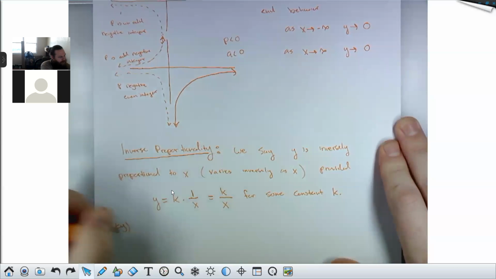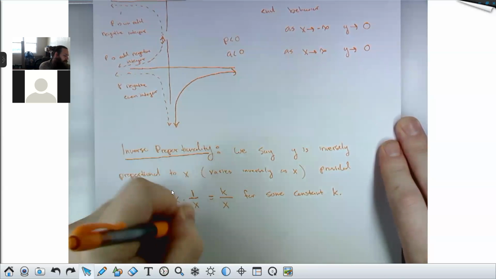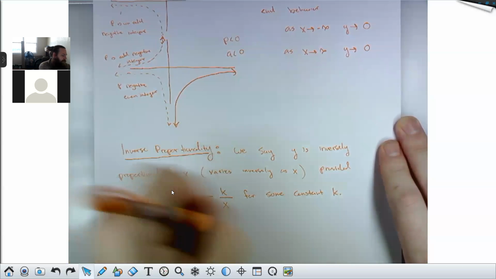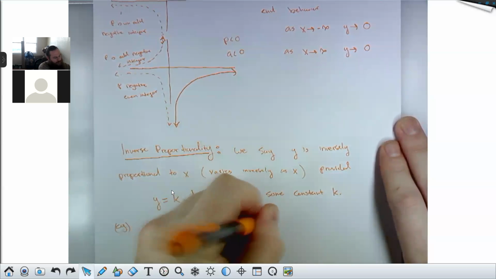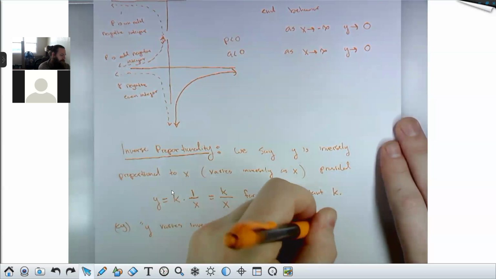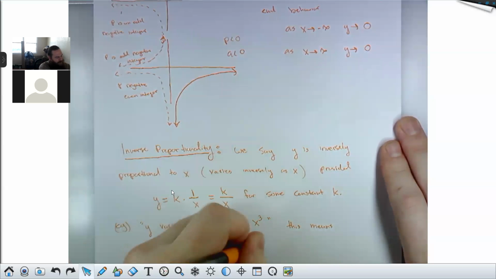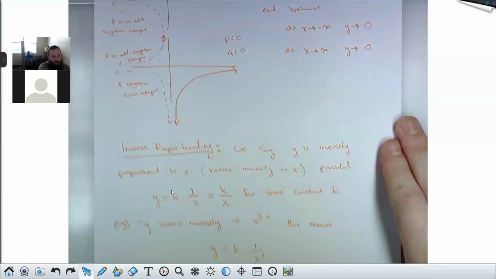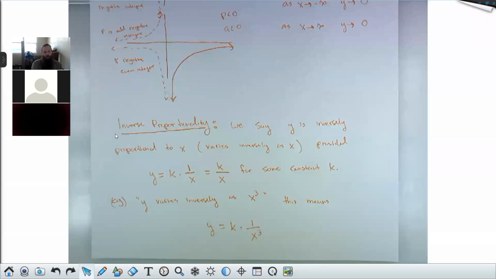So for example, if I say y varies inversely as x cubed, this means that y is equal to some constant times 1 over x cubed. Make sense? So varies inversely just means equal to a constant times the reciprocal of.